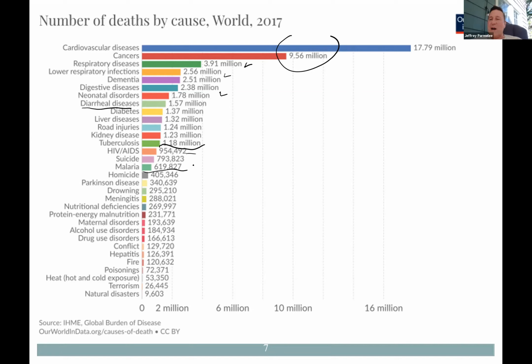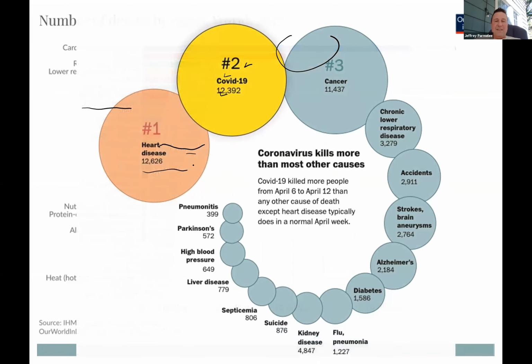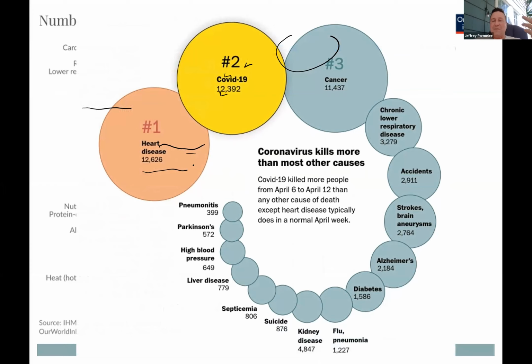So if you look worldwide, if you could decide to practice or live in other places in the world, we're not just going to focus on the United States, but you can see there are other factors. And again, looking at just April of last year, you can see that COVID was up as the second killer. So things can come into this and leave depending on how serious they are.